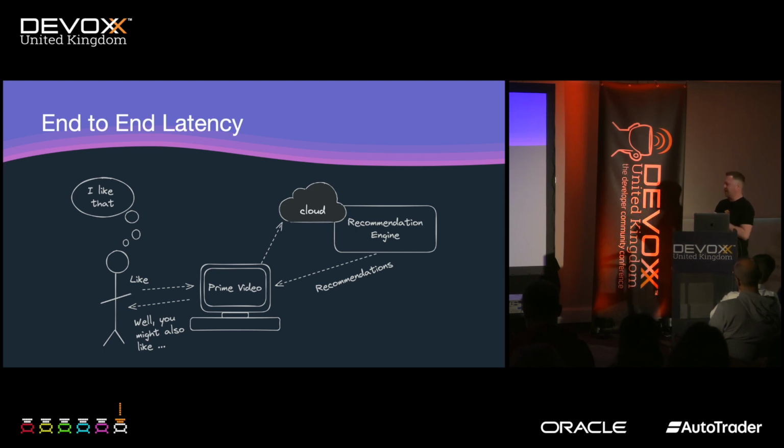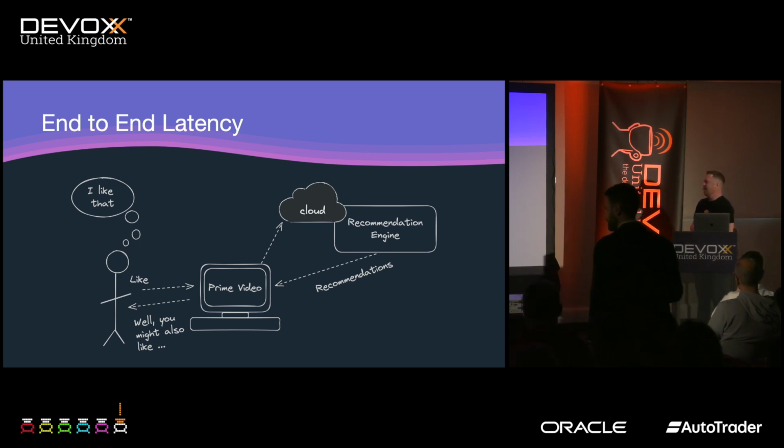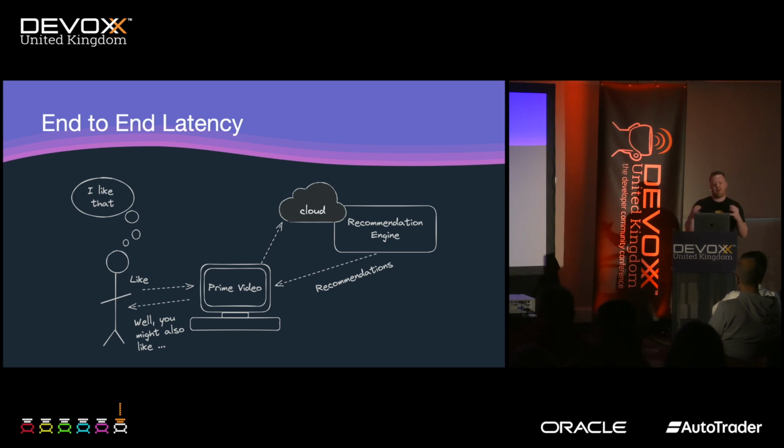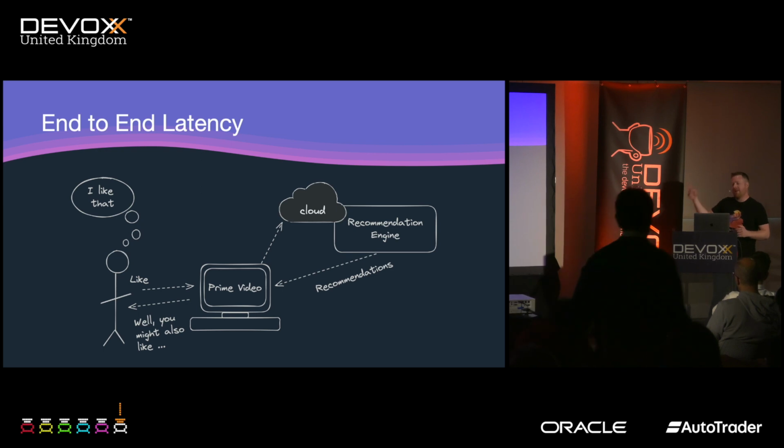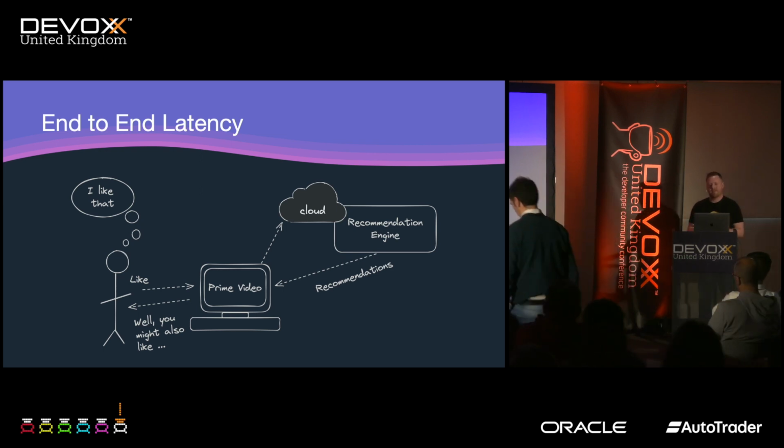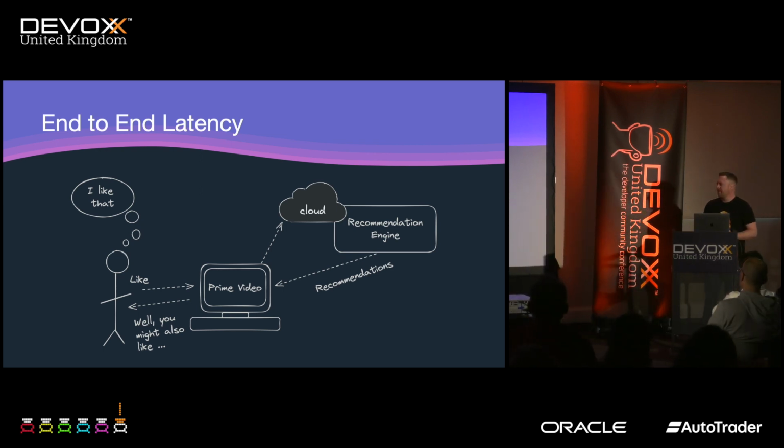It goes through some recommendations engine, which says, oh, you like this, so you probably like this as well. And then it sends the result back to the user. If that result takes an hour, 2 hours, a day, then that's less useful, right? Because they're in that mindset. They might want a new recommendation straight away. So the quicker we can complete that round trip loop, the better. This is what we call end-to-end latency: the time it takes from the data being created to the processed output being delivered to the destination and materializing business value.